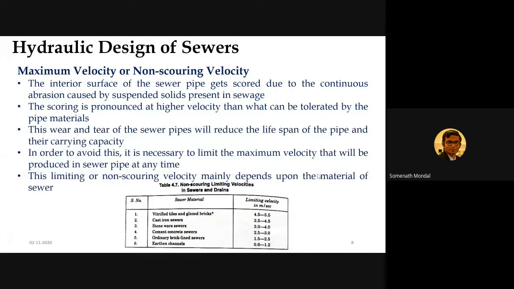Now, in such places, it may therefore be required to limit the design gradient and to adjust the balance available head by constructing drop manholes at suitable places along the length of the sewer. So these drop manholes are one of the appurtenances which are very important. When we discuss appurtenances, we will discuss them in detail.